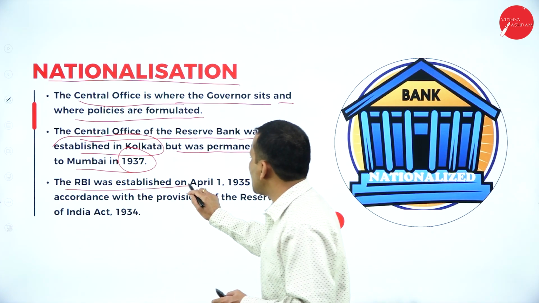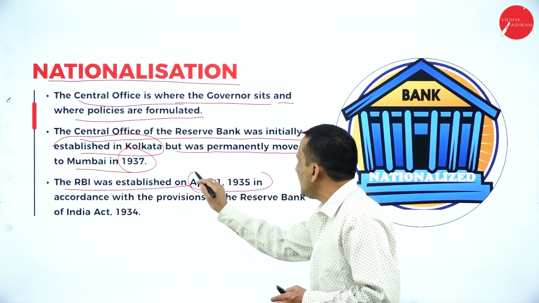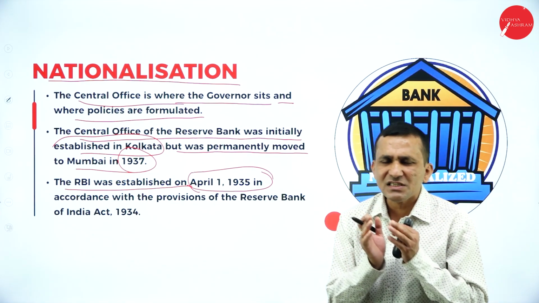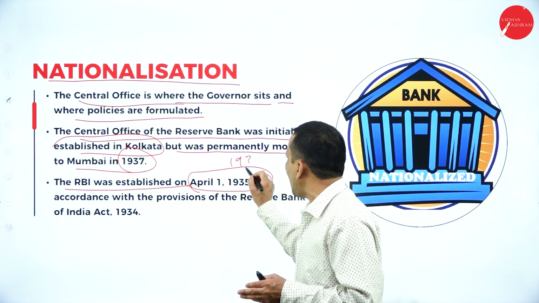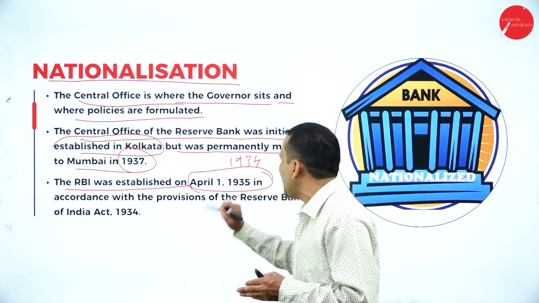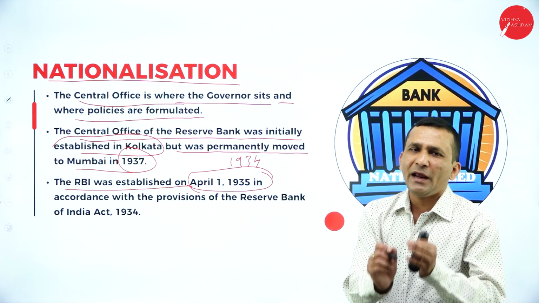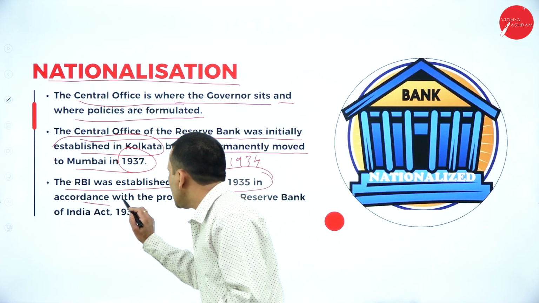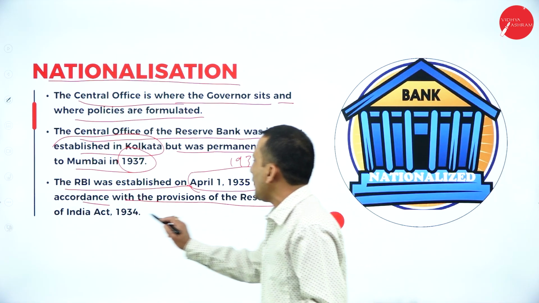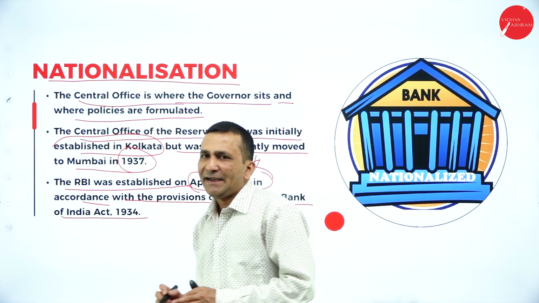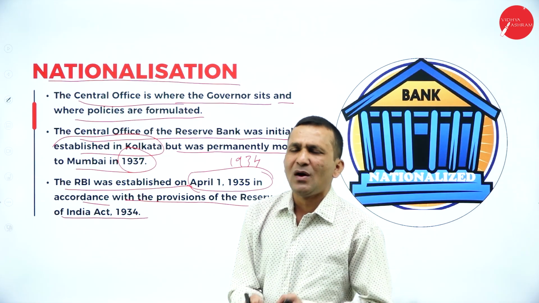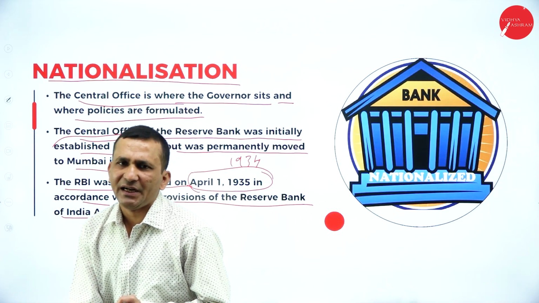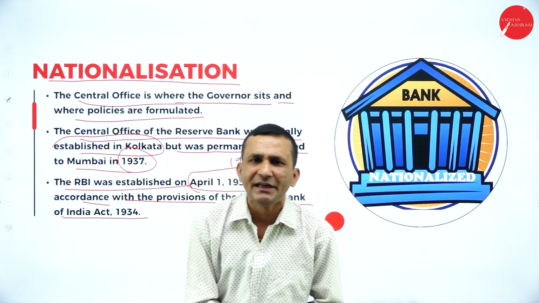The RBI was established on April 1st, 1935. It existed on paper from 1934, but it was established in the year 1935, on April 1st, in accordance with the provisions of the Reserve Bank of India Act 1934, because for the complete banking system one act is required, which is the RBI Act of 1934.